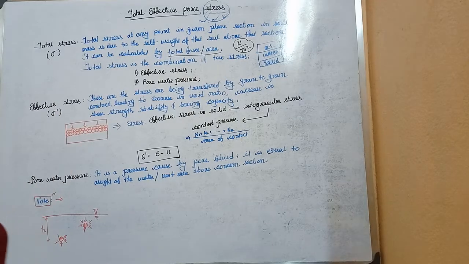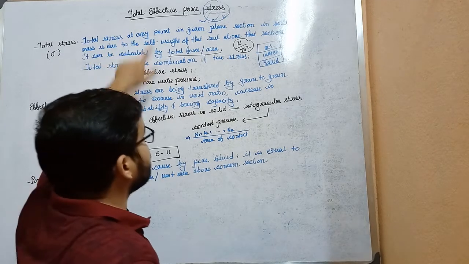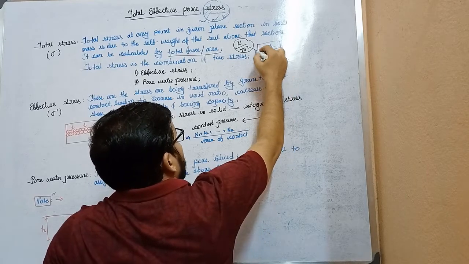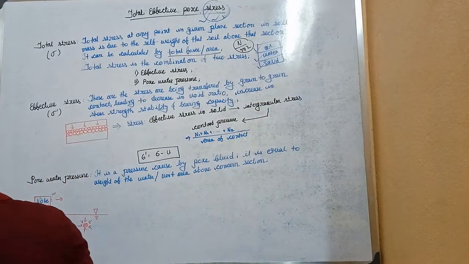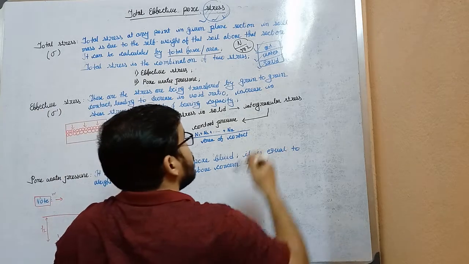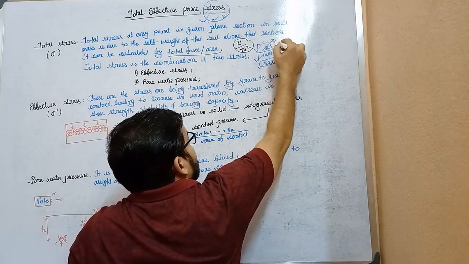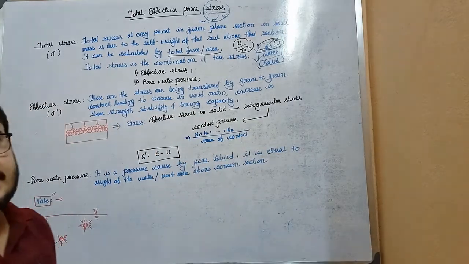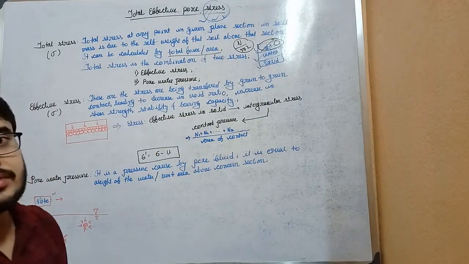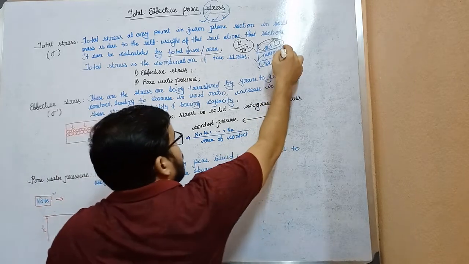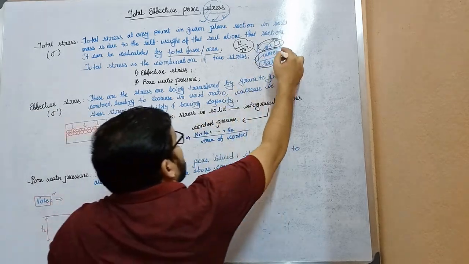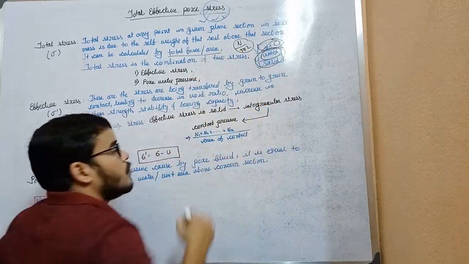So total stress means stress due to the solid, stress due to the water, and stress due to air. But as the weight of the air is so negligible, we can neglect the pressure or stress due to the air. So total stress means these two terms: pressure due to the solid and pressure due to water.